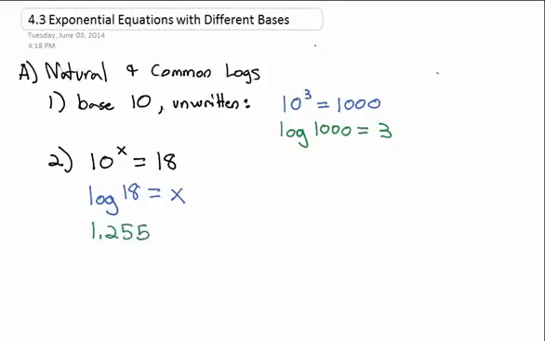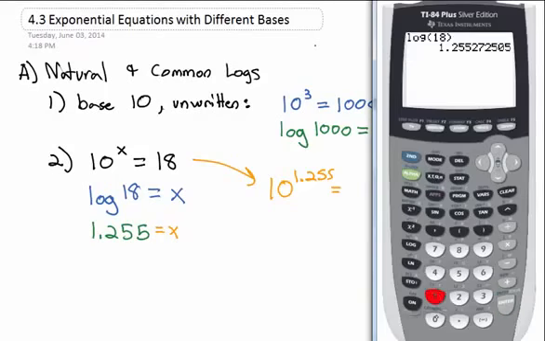1.255. And we rounded down, so it's going to be a little bit less than we wanted. But if we wanted to check that answer, 10 to the x, 10 to the 2, because that equals x, 10 to the 1.255 power on our calculator.